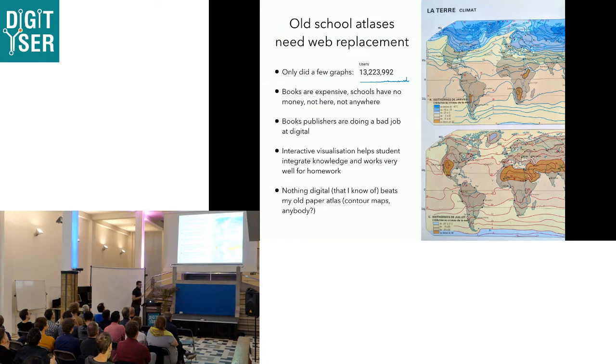First, I only did a few graphs, all in all I think 5 to 6 different graphs on the site. A lot of data points and very dynamic, so lots of different pages, but very few things. And with that, I got that number of users. And frankly, I did not do so much promotion. So there is obviously a need for this kind of boring but useful data. That's my view of it, at least.